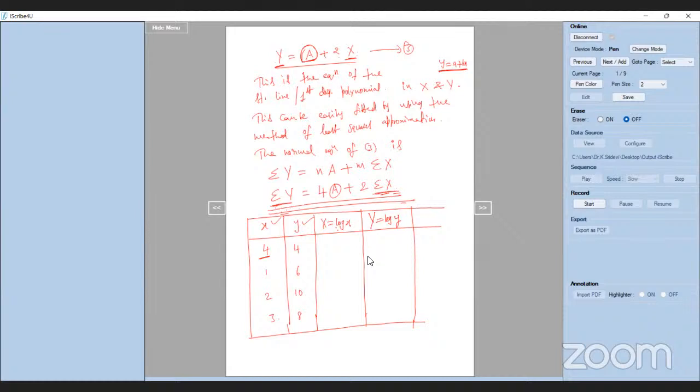You definitely need a calculator in the subject of numerical methods.